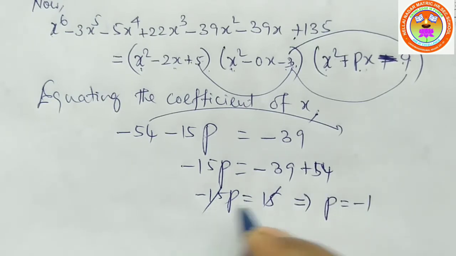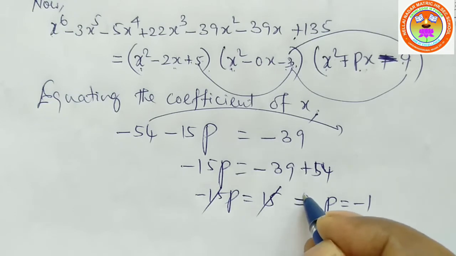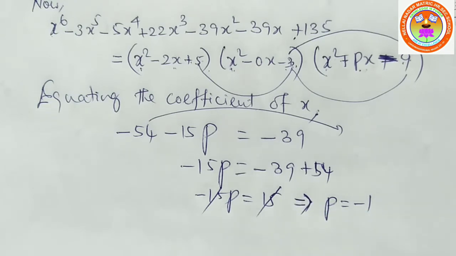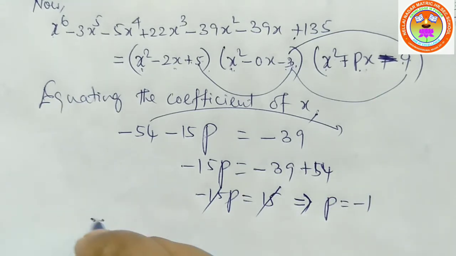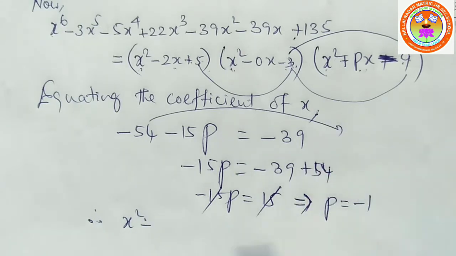Reason is minus p is equal to 1. So we are getting p as minus 1. Now apply this p value here. Therefore x square plus p is x square minus 1 into x minus 9. This is the third quadratic polynomial.